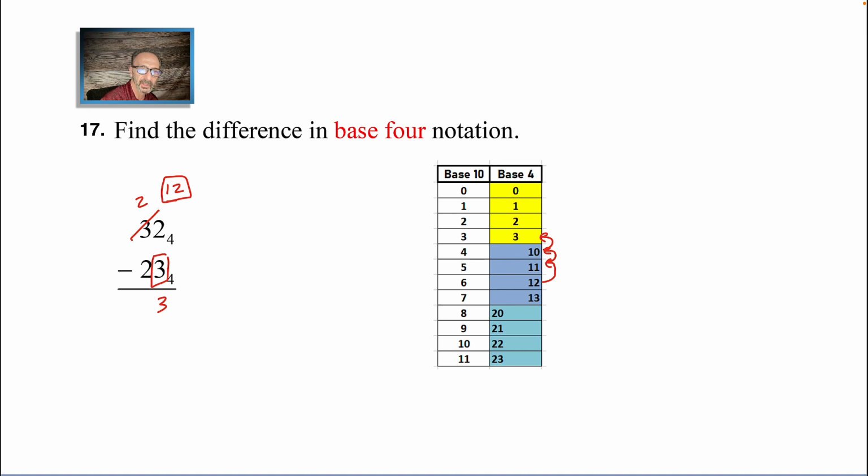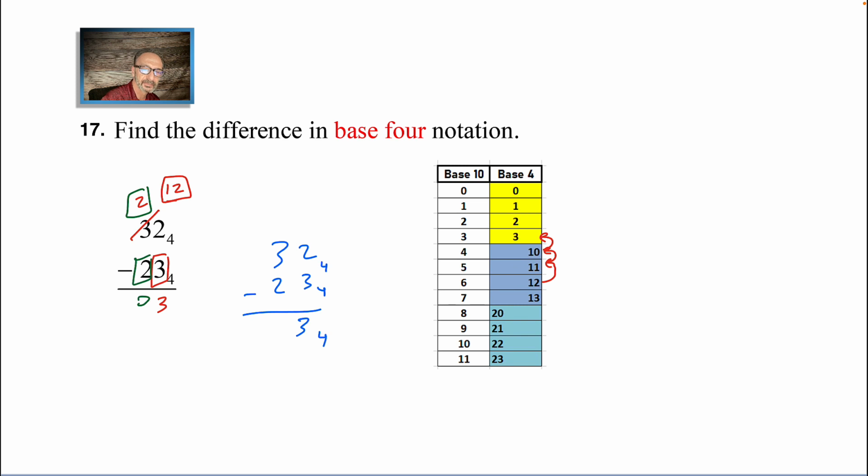So what I'm trying to say is you need to know how to count in base 4 to add and subtract. Next, 2 minus 2 is 0. We don't need to write it down. So the final answer is 32 base 4 minus 23 base 4 is actually 3 base 4.